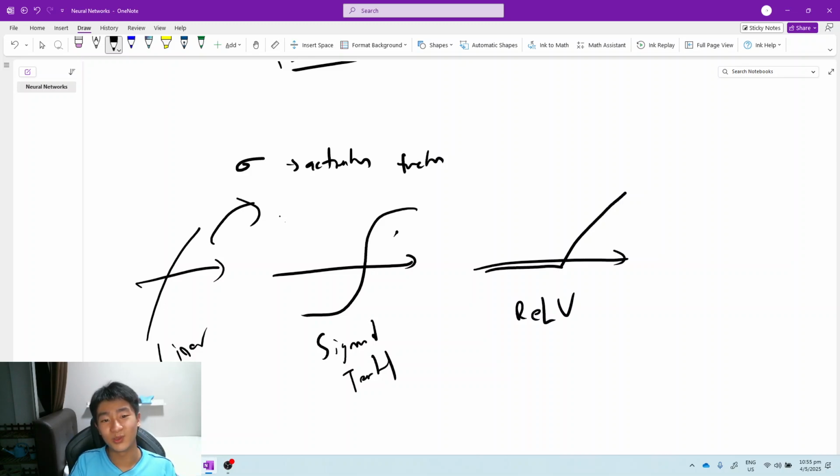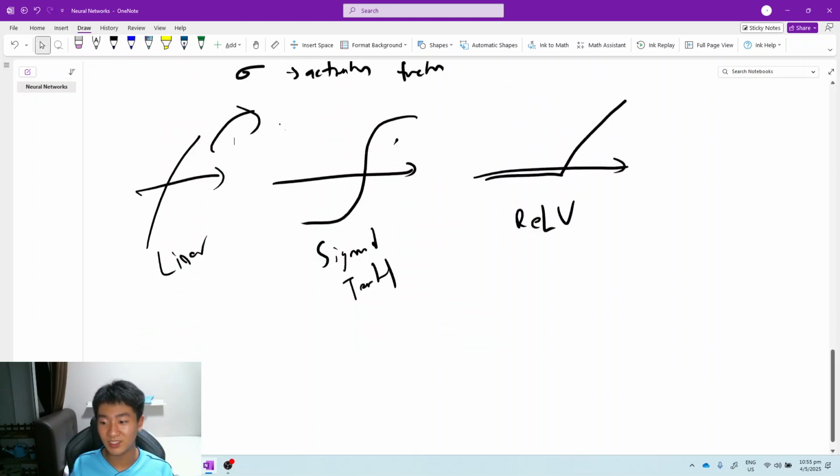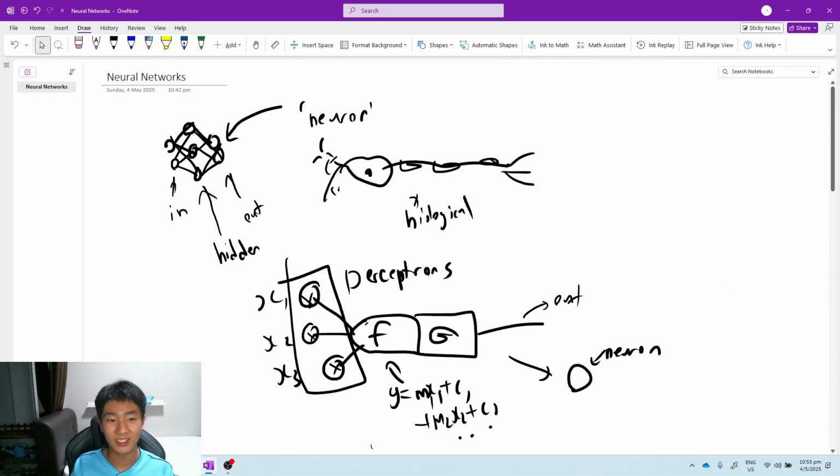The benefits are quite varied, but the main benefit is that it won't just be a combination of linear equations, and when you put some of these activation functions in, they can produce a non-linear function in general. I won't go deep into that. That's as deep as I want to go today.